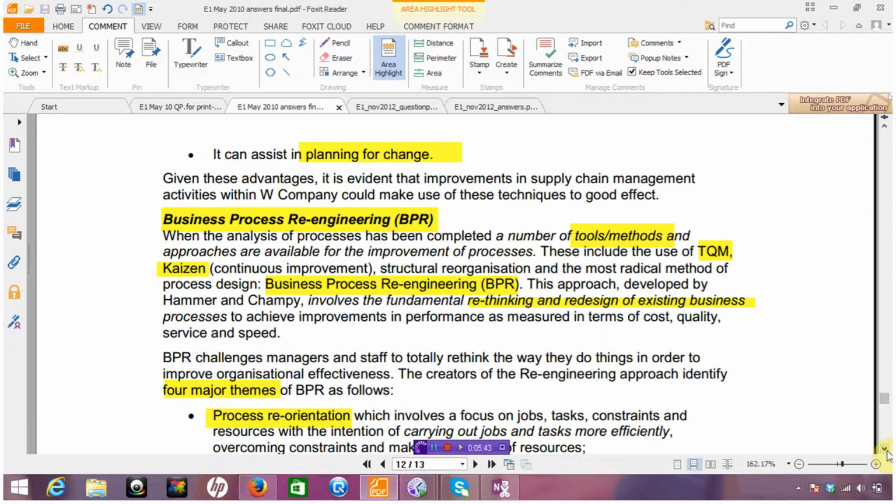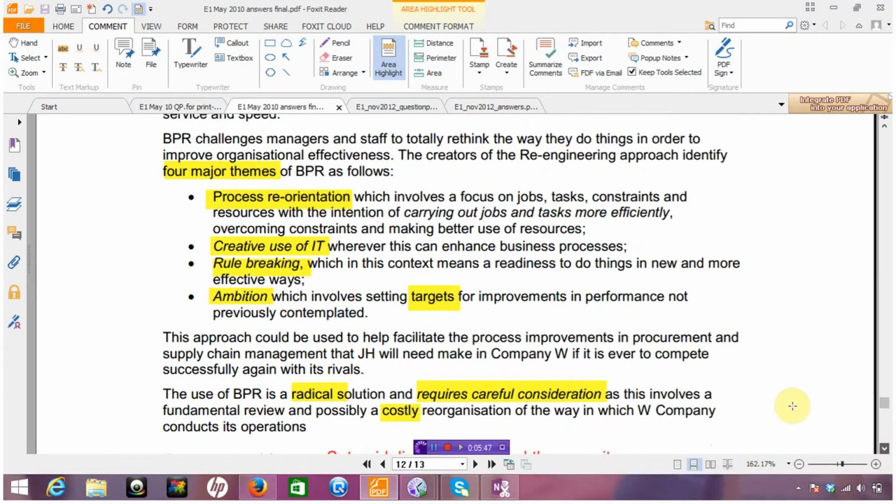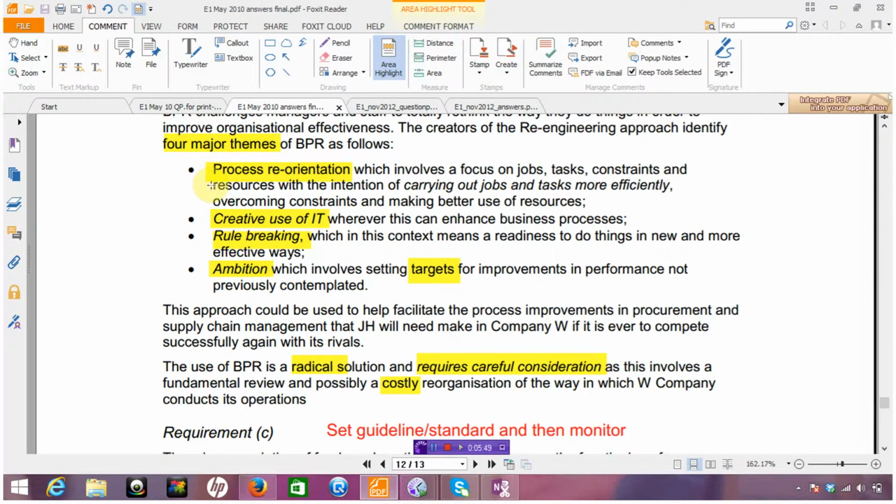In terms of themes or upsides, a couple of things to bear in mind. What this reorientation, this BPR, does is focus on jobs and tasks and constraints and resources. The essence of it is that we want to be more efficient in carrying out our jobs and our tasks. It certainly encourages the creative use of IT.